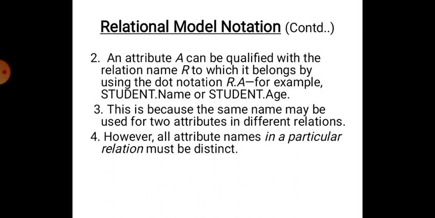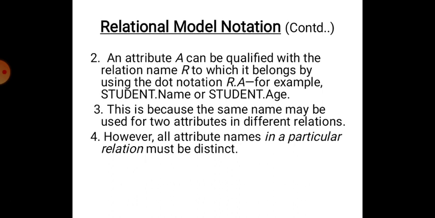Point number 3. This is because the same name may be used for two attributes in different relations. So why do you associate a relation name with an attribute? Because to distinguish to which relation the attribute belongs.